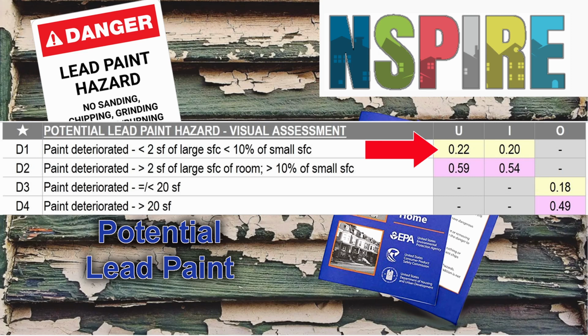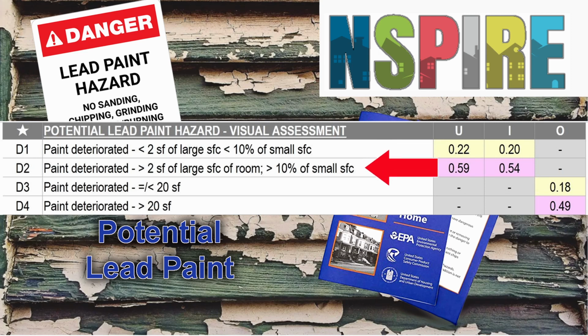So deficiency 1 and 2 are inside and units. Deficiency 1, paint is deteriorated. It's less than 2 square feet of larger surfaces like walls and ceilings, or it's less than 10% of small surfaces like moldings, window frames, that sort of thing.